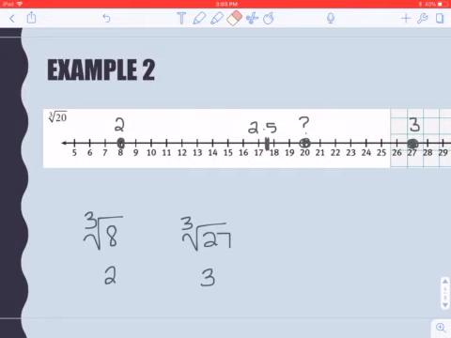I'm going to call it 2.6 to 2.7, somewhere around there. And then once I get my estimation, I'm just going to check in my calculator. So in my calculator, I'm going to type in the cube root of 20, and it tells me that it's 2.71442, and it keeps going and going, so 2.7 is our estimate.